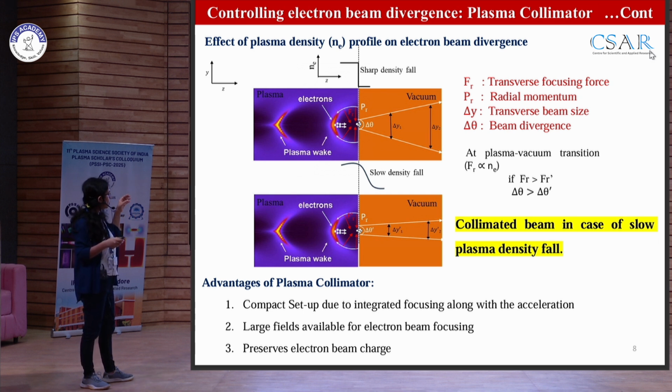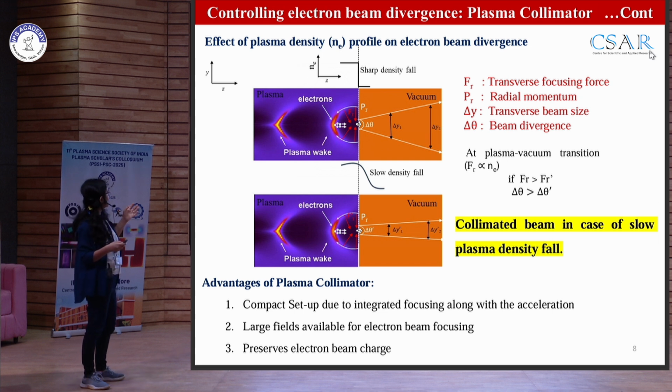So the electron beam divergence will slowly become low at the exit of the plasma and vacuum boundary, and as it propagates, its beam size will not change much. That means if I create a slow density fall at the plasma and vacuum boundary, then we will get a collimated electron beam.